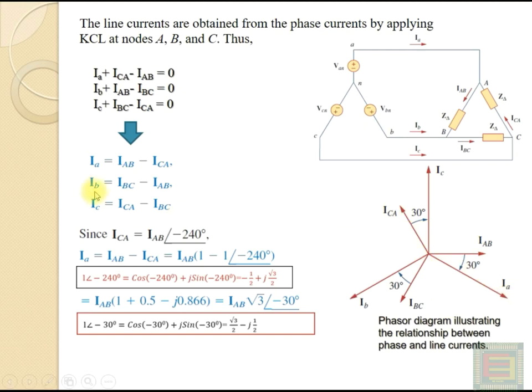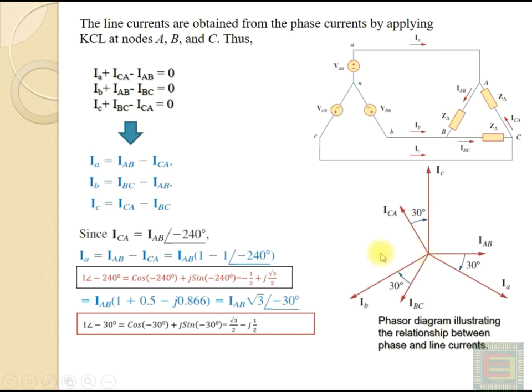Similarly, IB, the line current in line B, is the phasor sum of IBC minus IAB. That means the phasor sum of IBC and IAB reversed. Here you can see that IAB is in this direction, so IAB reversed, or minus IAB, will be in this direction.